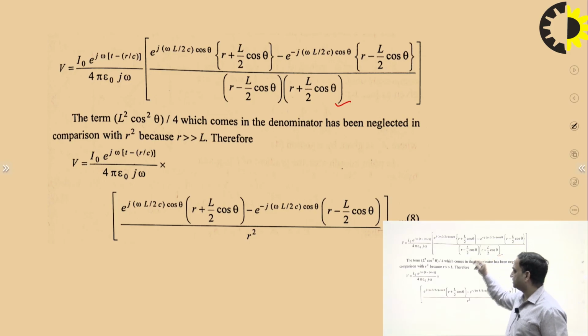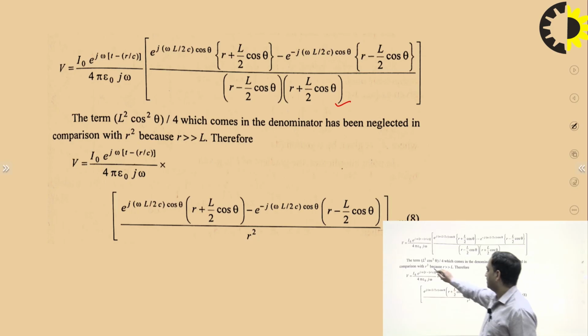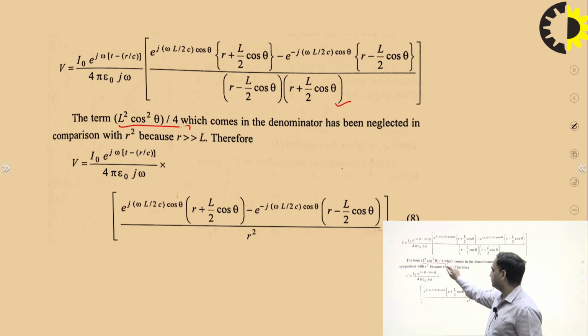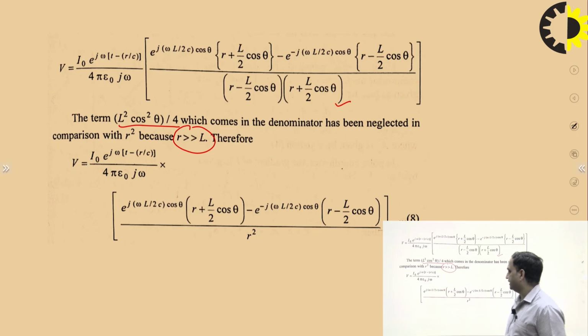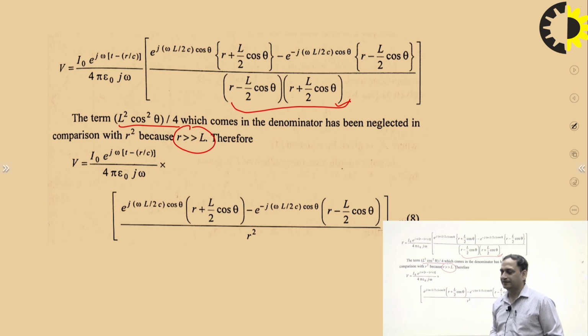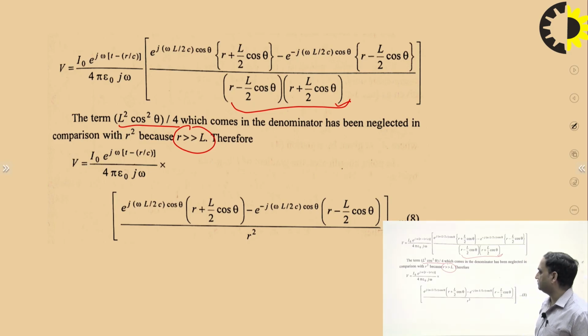When you solve this and apply the condition, the L square cos square theta by 4 which comes in the denominator has been neglected. Why are we neglecting this? Because the value of R is very much greater than L.